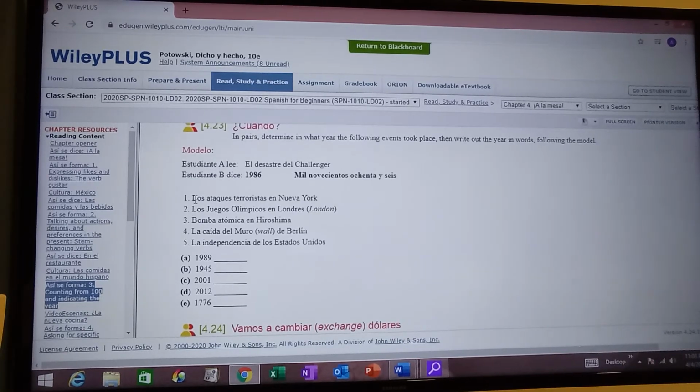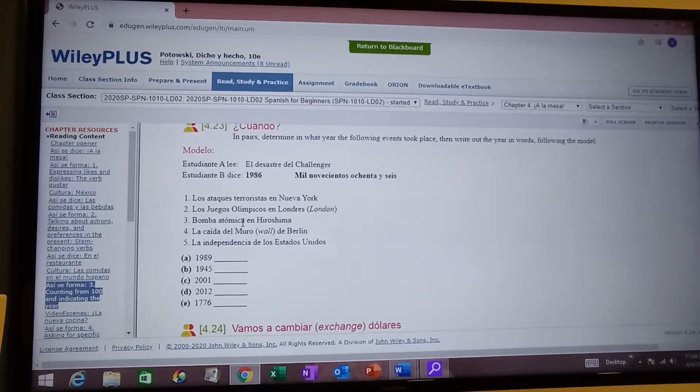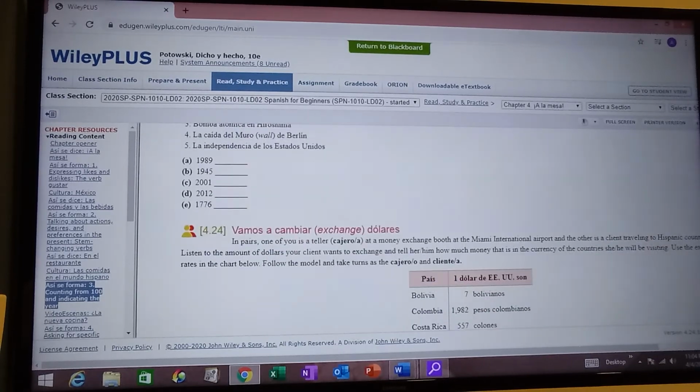So you have here los ataques terroristas en Nueva York, los Juegos Olímpicos en Londres, la bomba atómica en Hiroshima, la caída del muro de Berlín, la independencia de los Estados Unidos. So you are going to fill this in according to these events, the year in which that happened. And additionally, you are going to tell me in which year you were born. This is what we are going to do when we gather at the board.